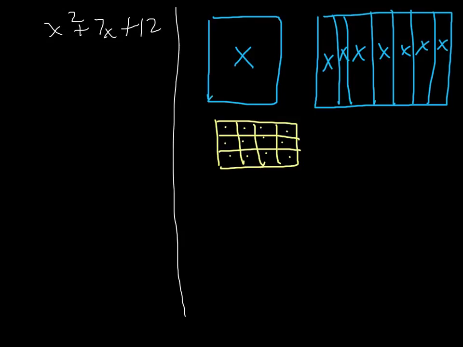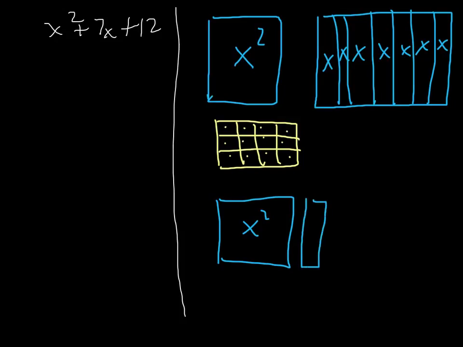Alright, so I'm going to start with my x squared. Now I need to split these x's up so that I have them on 2 sides of my x squared. So I can put one here and one here. If I do that, I've got 2 done.